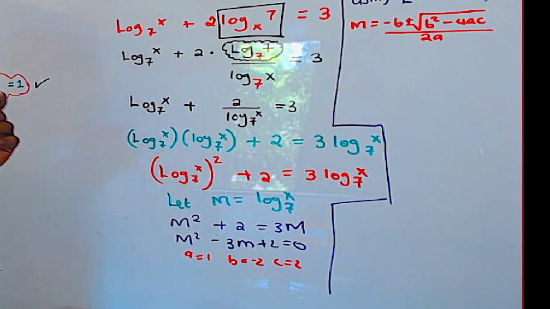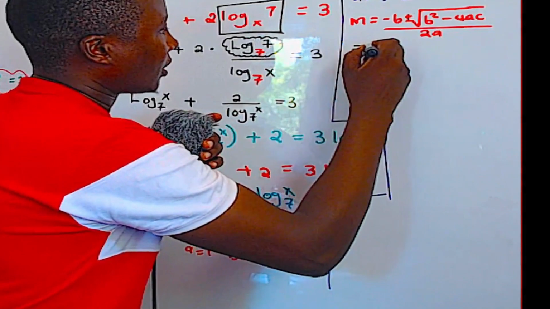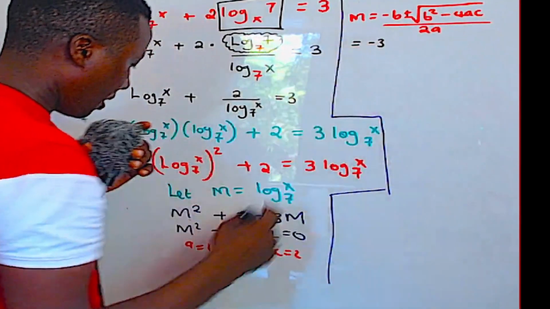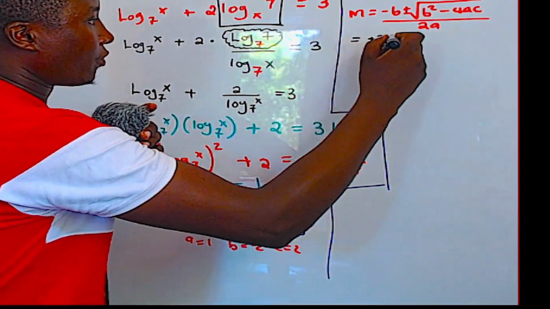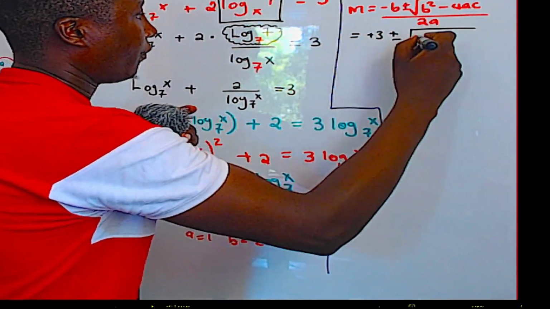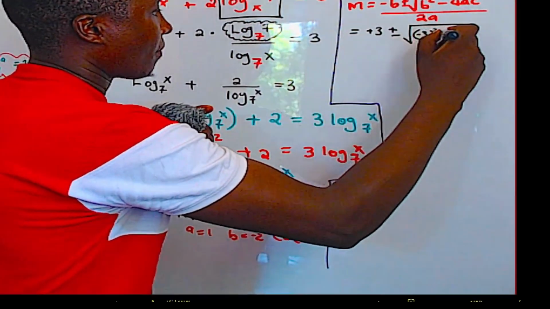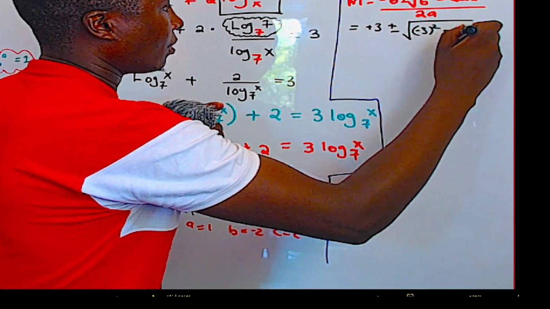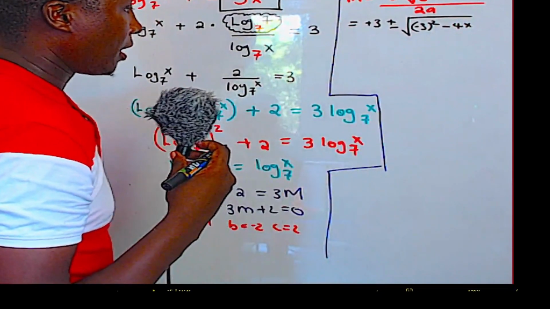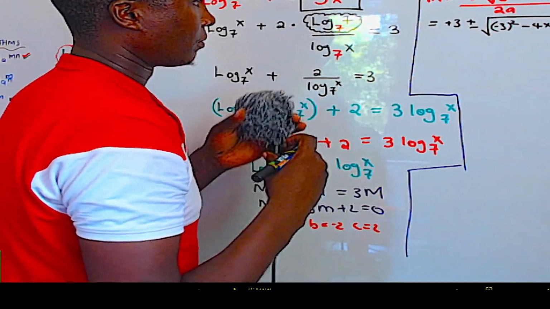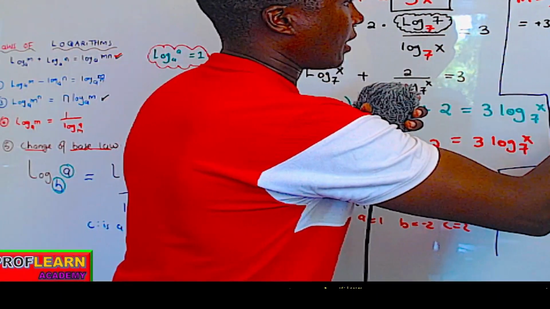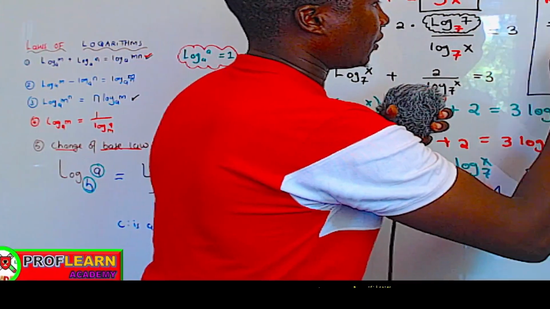So we are going to have minus minus 3, so it's going to be positive 3 plus or minus square root of -3 squared minus 4 times a is 1 and c is actually positive 2.